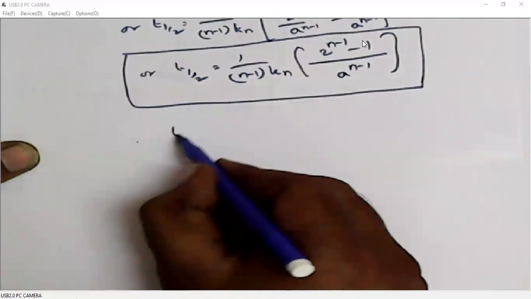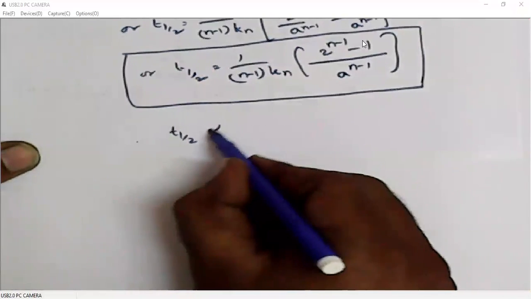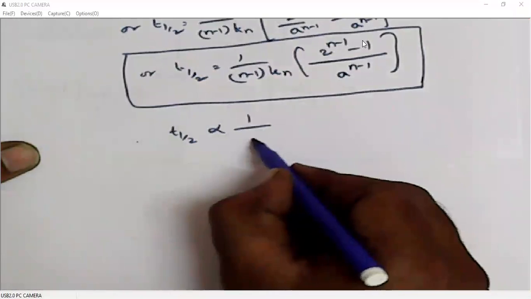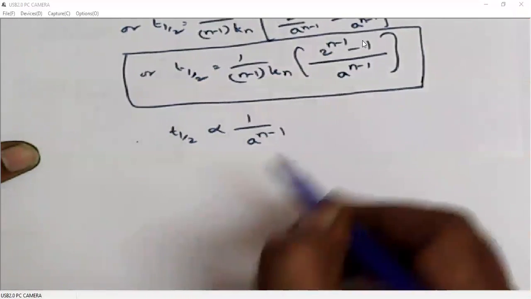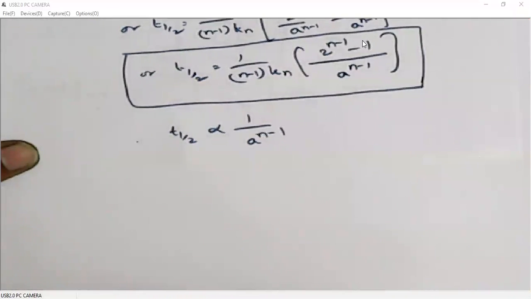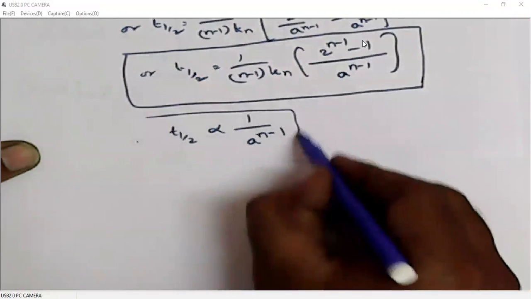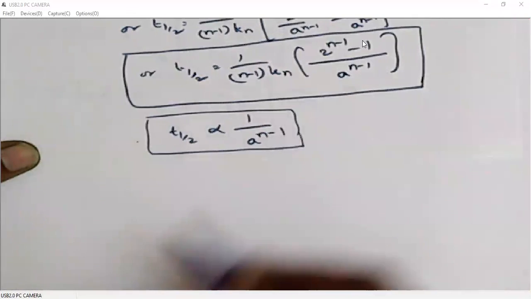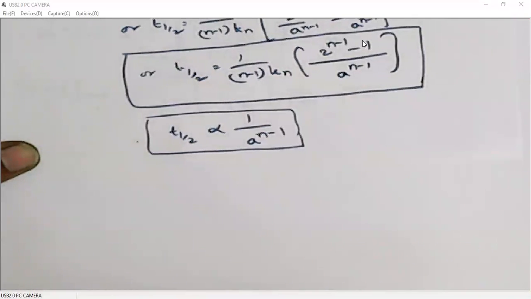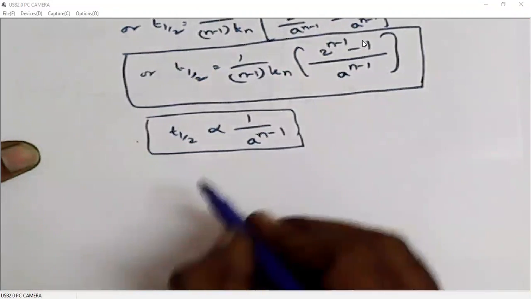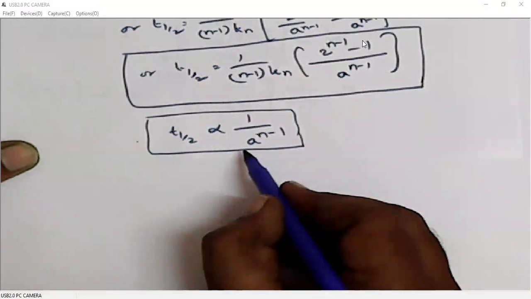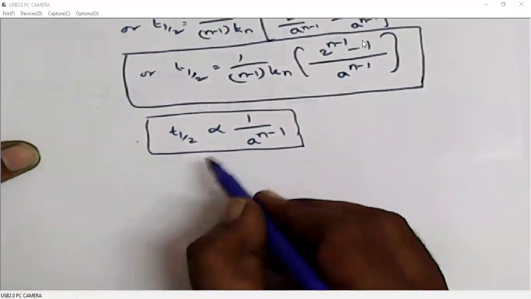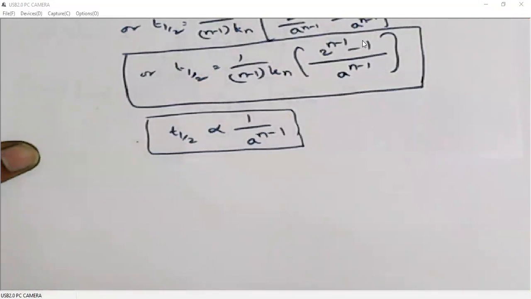Therefore, T half of an nth order reaction is inversely proportional to A power n minus 1. This we can convert into a short formula which is useful for problems.